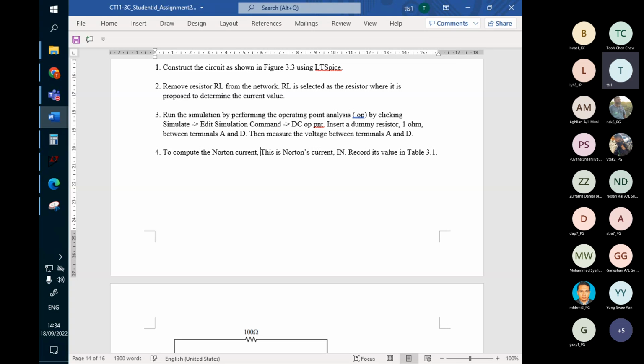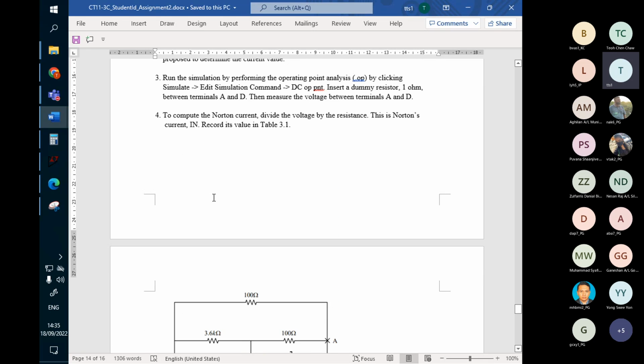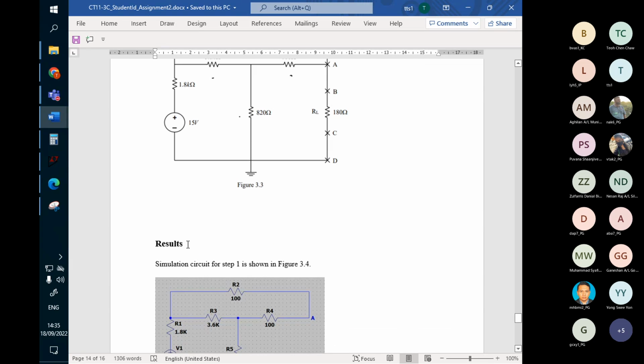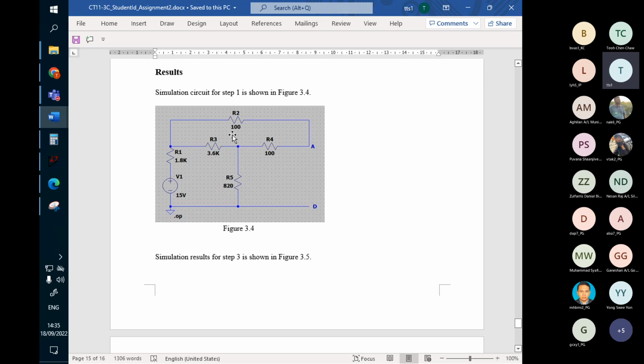Okay, divide the voltage by the resistor. Okay, the resistance. So any calculation, we better do it in the result section. So let's remember it is step 4. Where is it? Oh, here. Remember to replace it later on.